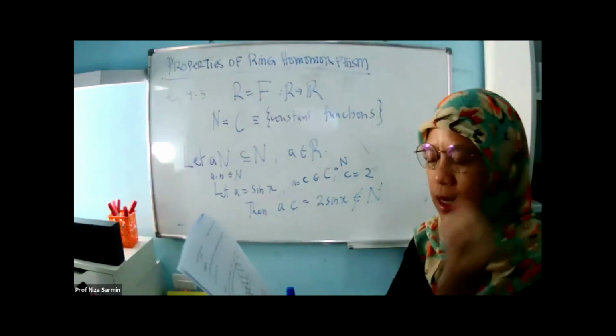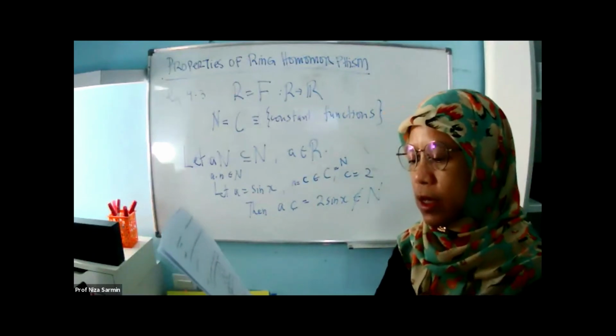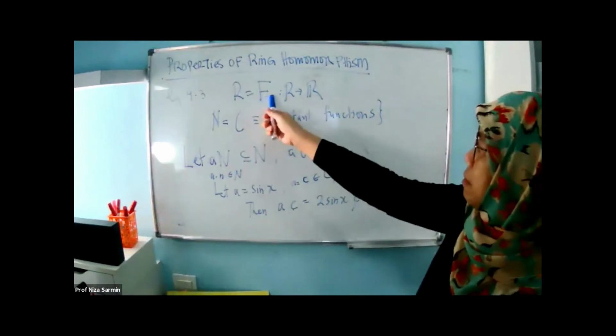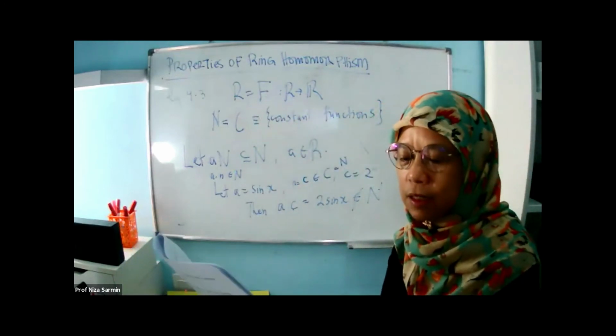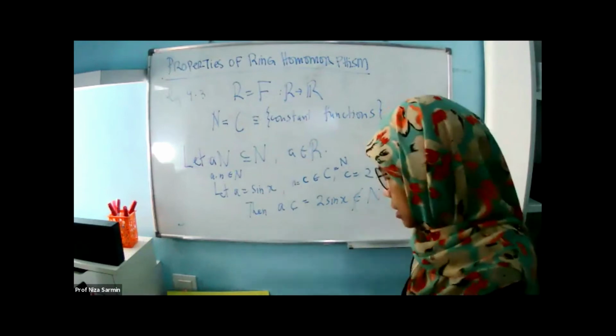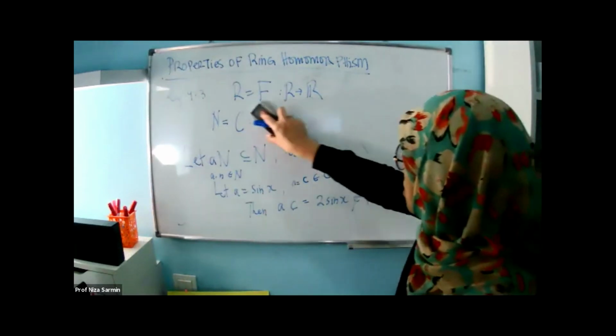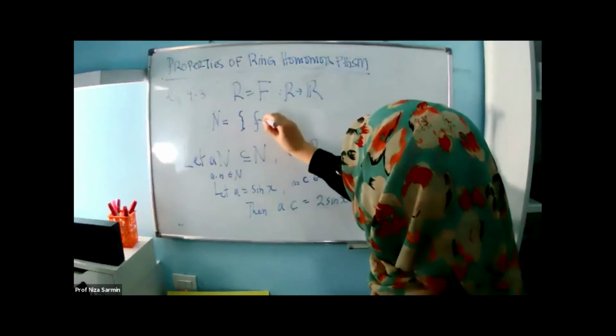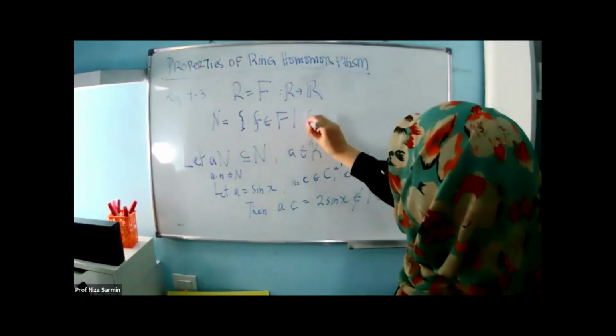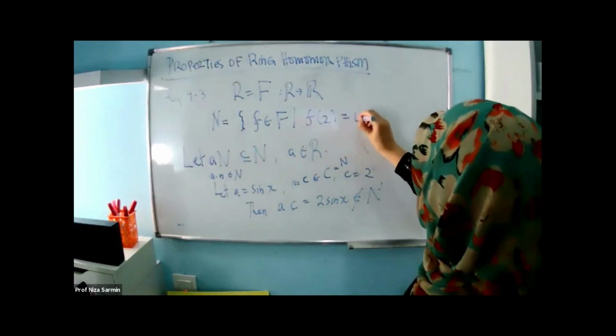Okay, example 9.4. Again, F is the functions mapping R to R. N is a subring in which all f in F with f of 2 is 0.